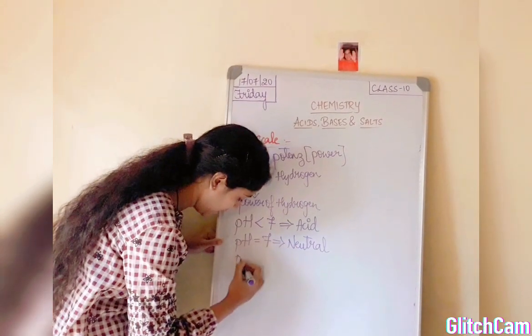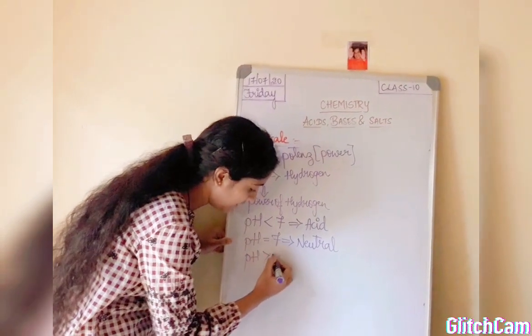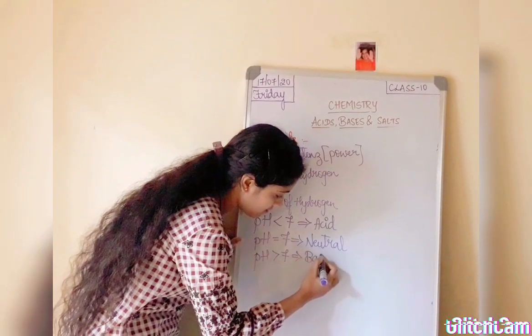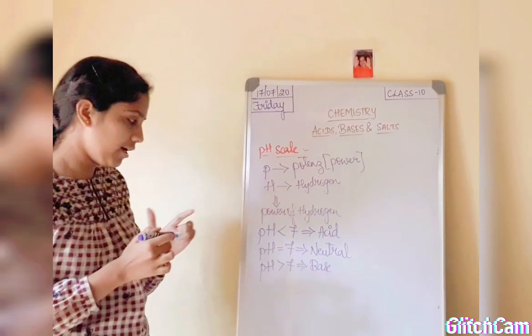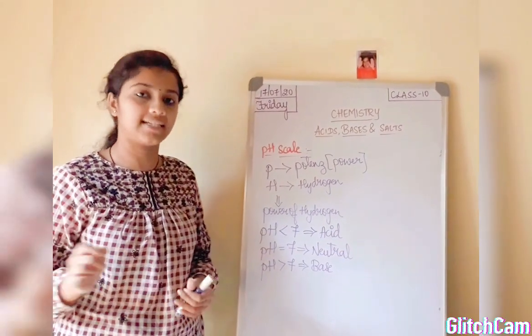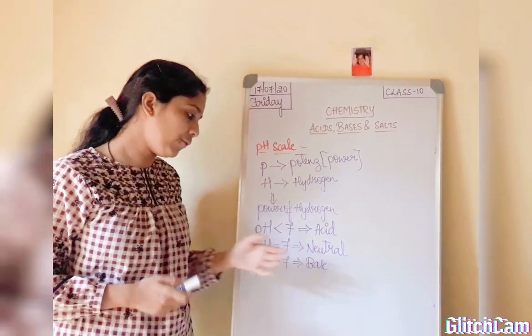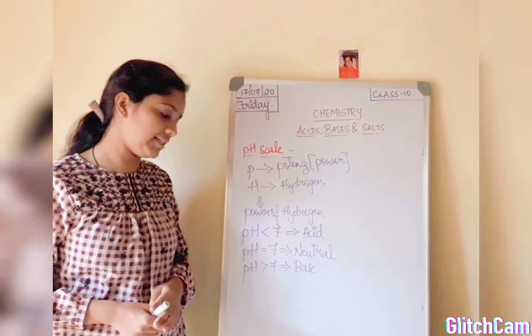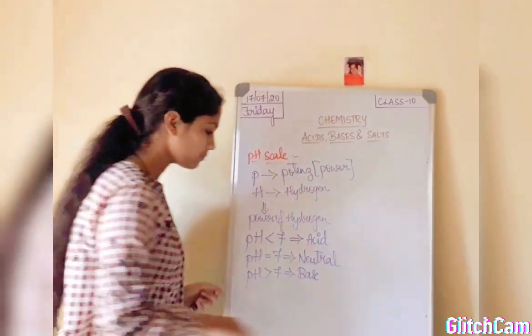And if the pH is greater than 7, then that substance is a base. So if the pH is less than 7, it is acidic. If the pH is equal to 7, it is neutral, and if the pH is greater than 7, it is basic.